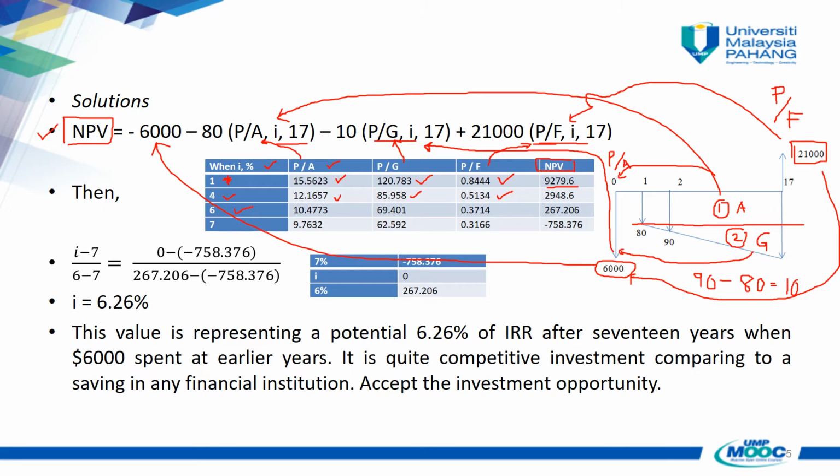Then we put extra effort at 6%. We replace all of the values P over A, P over G, and P over F in this NPV equation, and you will see that at 6%, our NPV gives only 267. We are already close to zero, so we put another interest value at 7%.